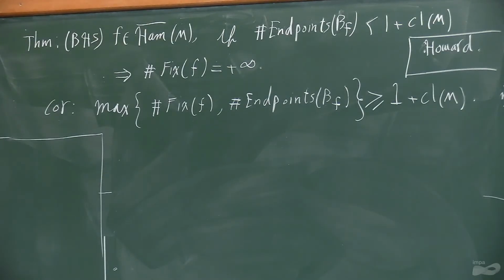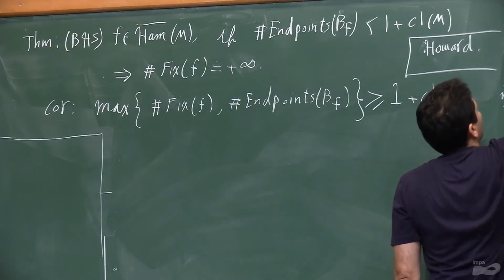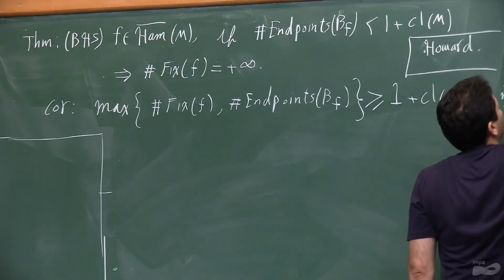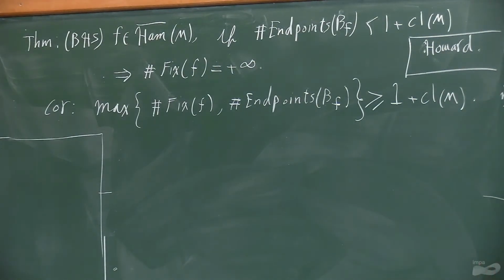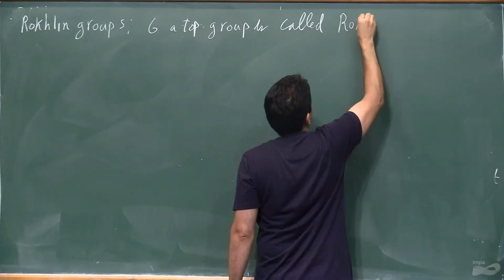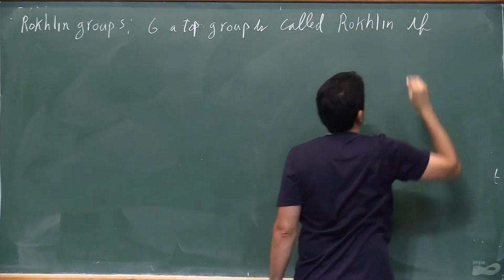So this is the notion of Rokhlin groups, something that comes from ergodic theory. So suppose you have a topological group G. G is called Rokhlin, or is said to have the Rokhlin property, if it possesses a dense conjugacy class.